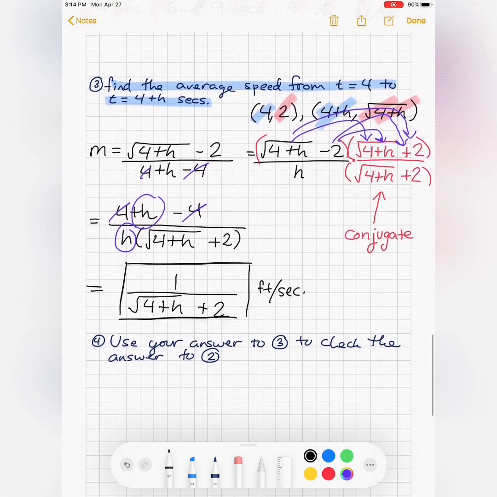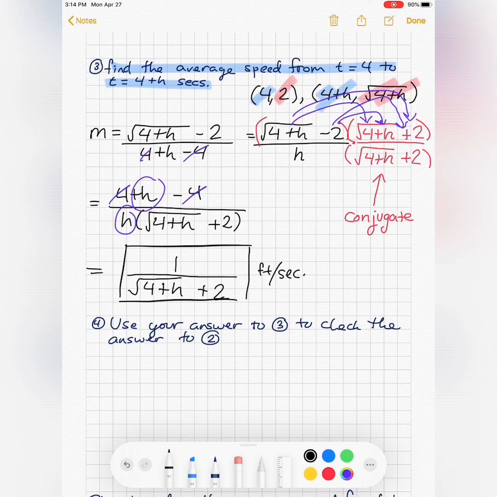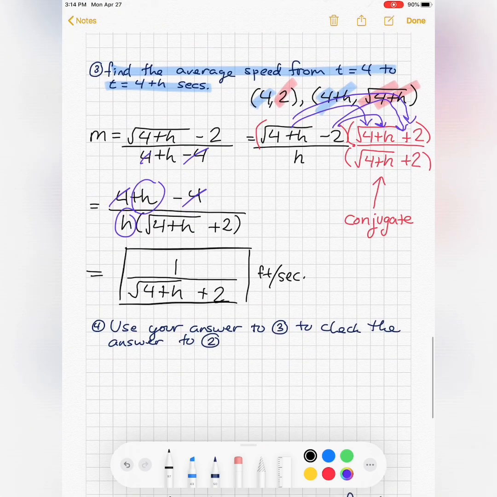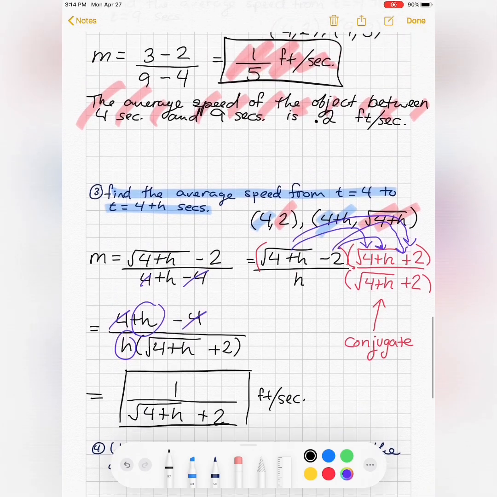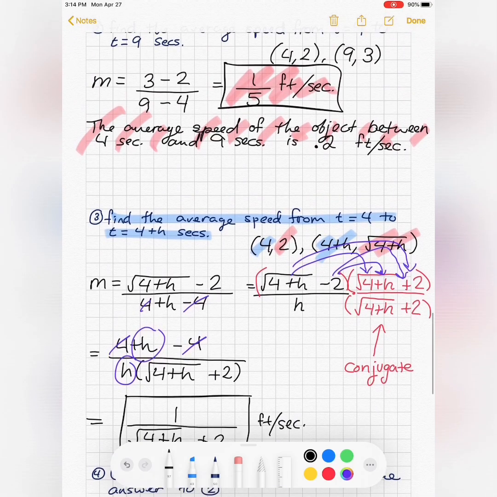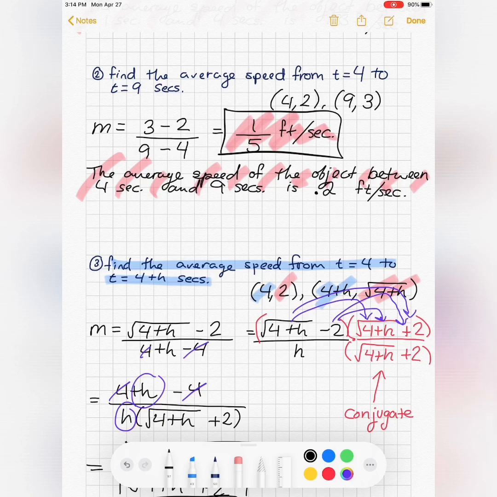But let's see what else we can do. Use your answer to 3 to check your answer to 2. Okay, so how would we do that? Let's see what we found in 2. In 2, we had to find the average speed from 4 to 9 seconds. In 3, we had to find the average speed from 4 to 4 plus h seconds.